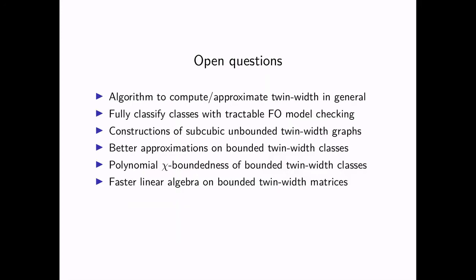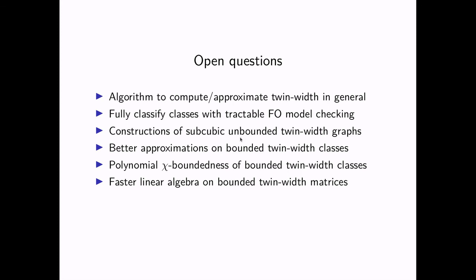I will conclude here and recap the main open questions. We still need to find a way to approximate twin-width in general graphs when you don't have a particular class of graphs that you're targeting. The conjecture of Gajarski et al. is very exciting: getting explicit constructions of graphs with bounded degree and unbounded twin-width.